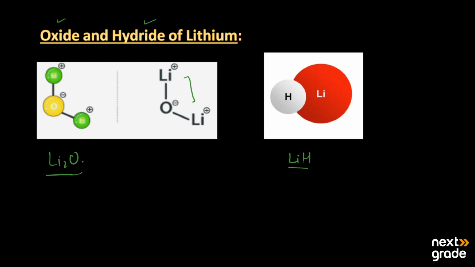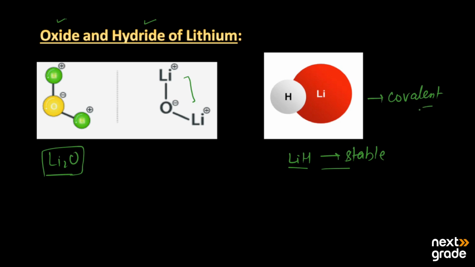Lithium hydride is more stable, so its hydrides are more stable as compared to the other alkali metals, because the lithium compounds are more covalent. That is why its halides are more stable. The reason is that they are more covalent in nature.